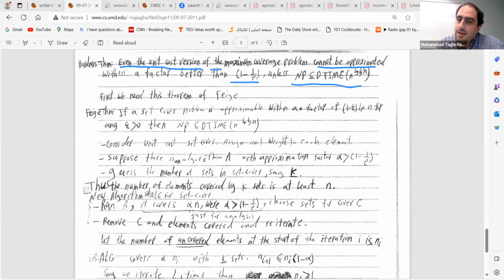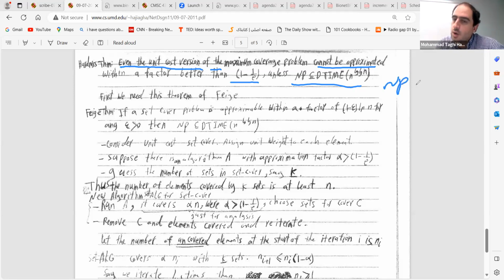So this is, I mean, not equal to P essentially, versus here, it's a little bit more than that. This is somehow a stronger assumption, because n to the log n is not polynomial.